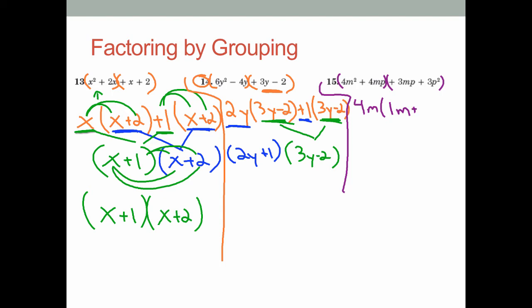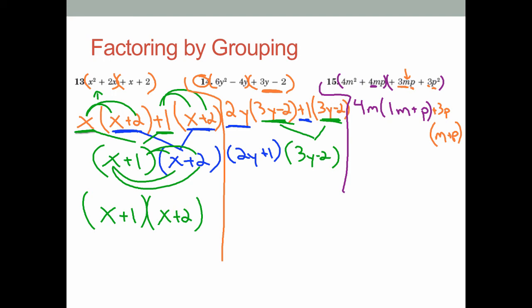Plus, I pulled out a 4m, so it's only p left. And in the second parenthesis, I'm pulling out a 3p. So plus 3p, and my parenthesis would be left with m, because I pulled out the 3 and the p, plus p.